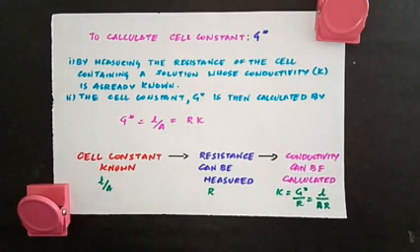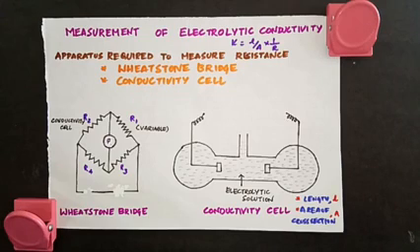So everything is interconnected. Now let's see how to find the conductivity, that is kappa, of an unknown solution whose kappa is not known. To find the kappa of an electrolytic solution, step 1 is to find out the resistance.